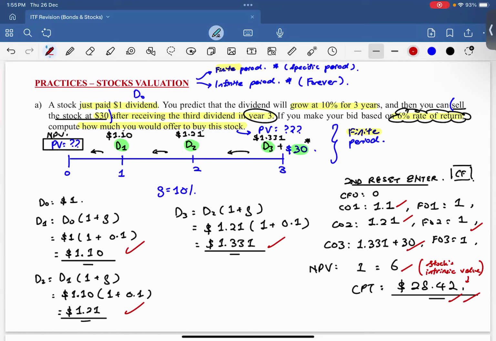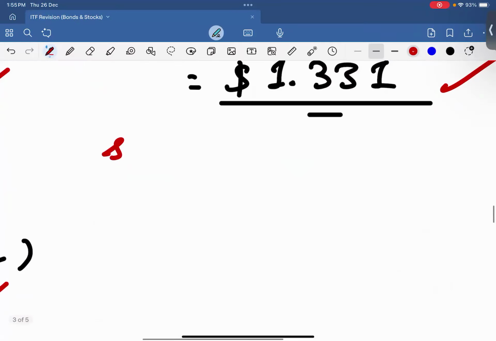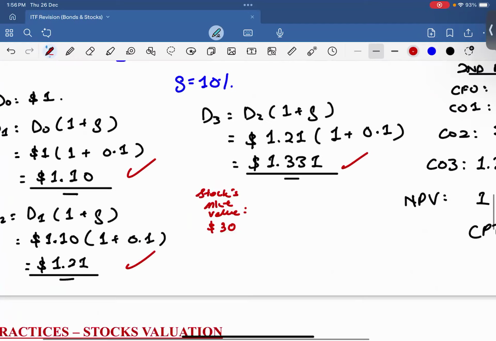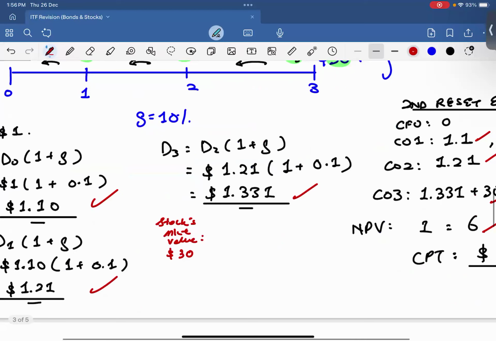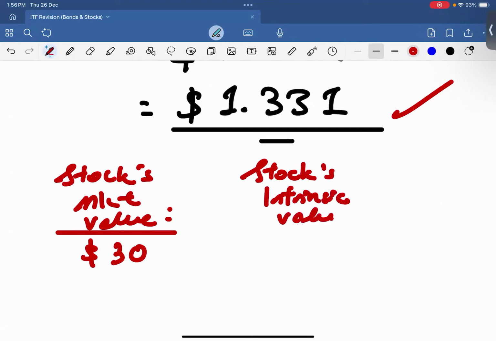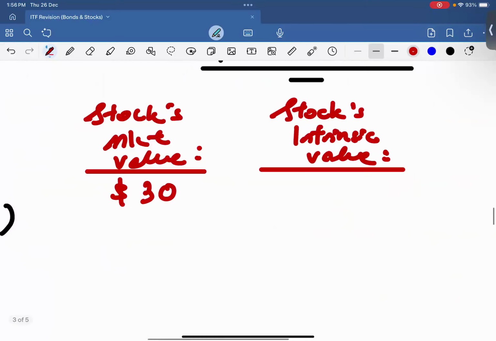So let's say I ask you, if the stock's market value is, for example, $30, will you buy? The stock's market value is $30, but the intrinsic value is only 28.42.